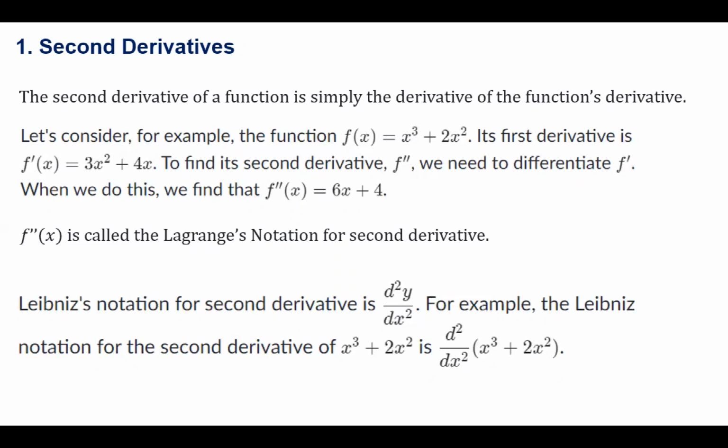Or you can also say it's the second derivative of y with respect to x. For example, the Leibniz notation for the second derivative of x cubed plus 2x squared is written in that way: d squared over dx squared of x cubed plus 2x squared, okay?